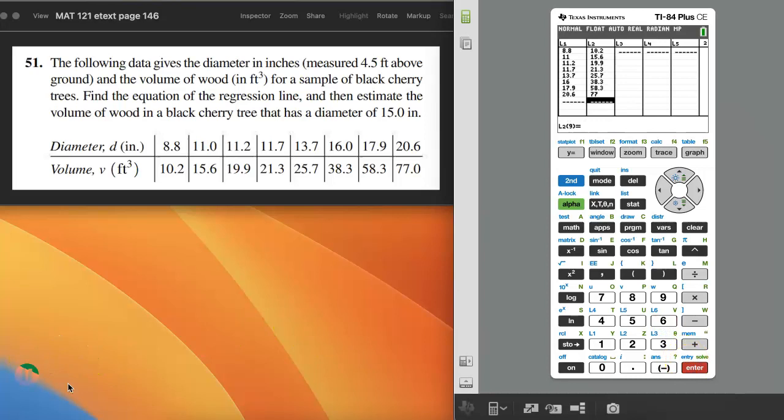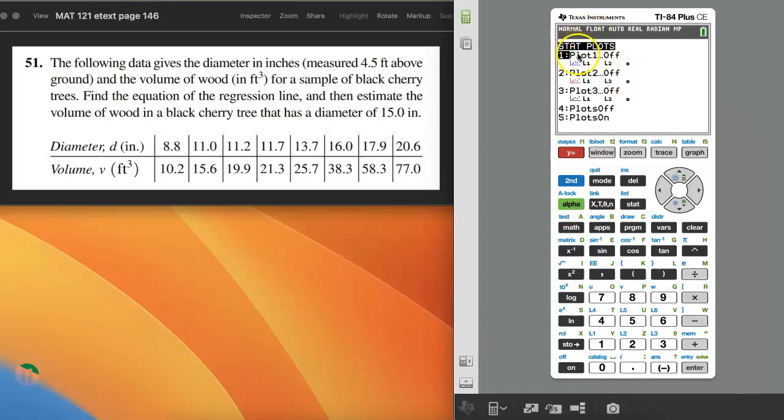Here at this point, you may want to see just these points on your graph. And if you want to do so, you would go to Second, Y equals, press Enter to get into plot 1, and press Enter to turn it on. Everything else by default should already be referencing scatter plots, drawing these points that are given in your list. So I don't foresee us needing to change anything for the purposes of our course.